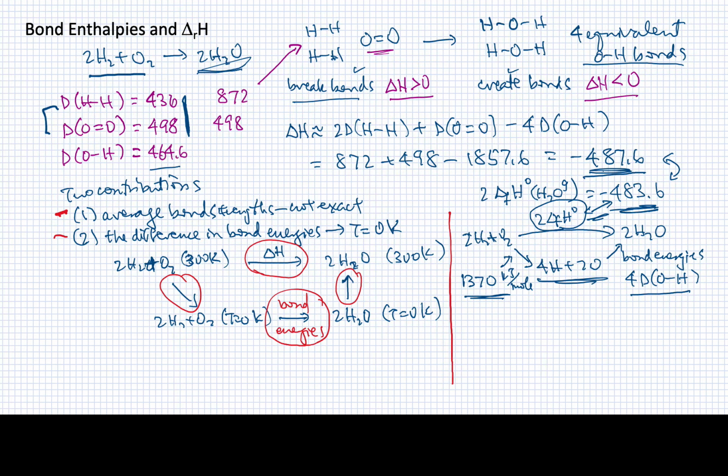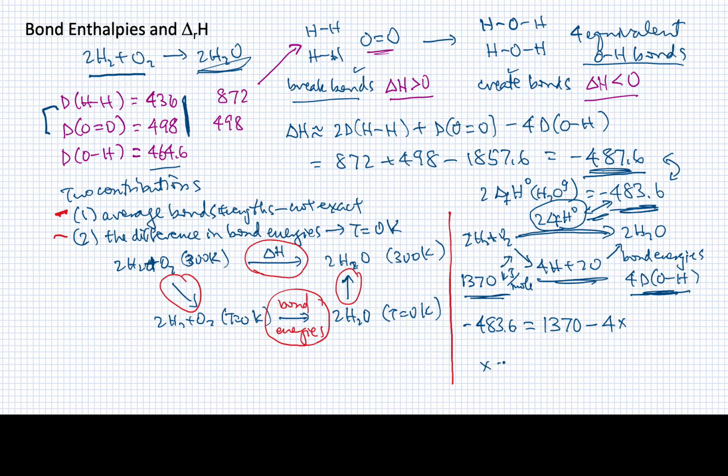So, for example, what I'll have is that the total enthalpy minus 483.6 must be equal to 1370 minus, I'm creating these things, minus 4 times the thing that I want, so I'll just call that 4x.